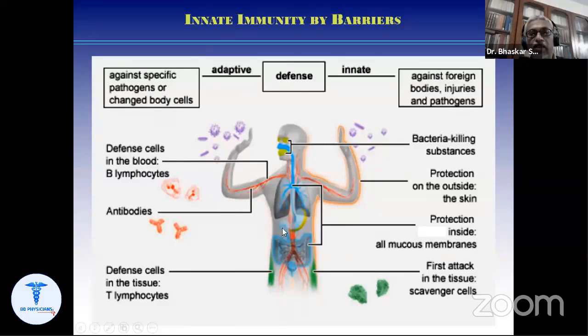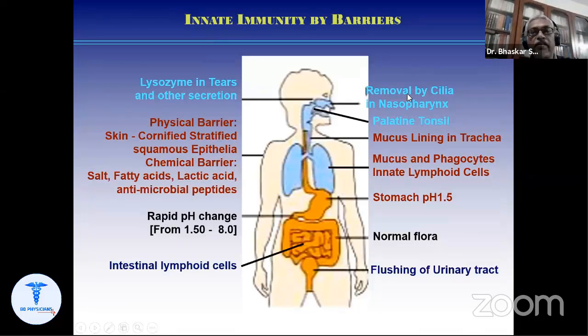So basically, this side of the slide you can see is the innate immune components, which come into existence quite naturally with growth and development, and the barriers are presented in different forms.